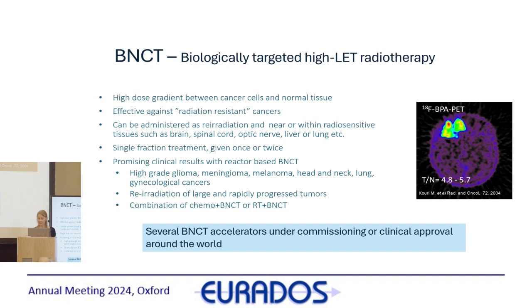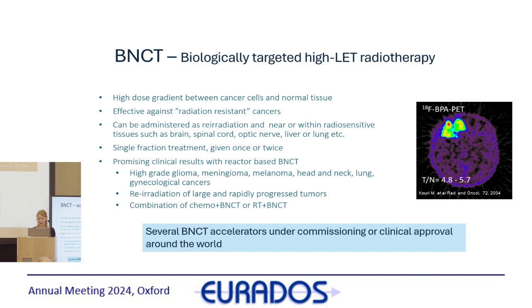We have seen very promising clinical results with reactor-based BNCT in several quite difficult cancer indications, good results in combination of BNCT and chemotherapy and BNCT with normal radiotherapy, and also very good results when we irradiate large or rapidly progressed tumors.